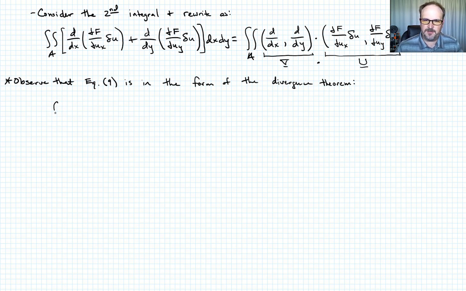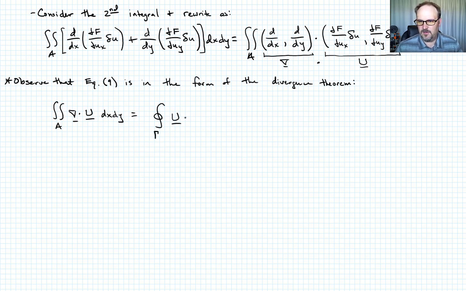The divergence theorem said if I have an integral of del dot u, dx dy, that could be written as the integral over the boundary, now we'll call it gamma, of u dot n ds. And what is n? n is the unit normal along the boundary. Let's call this equation 10.